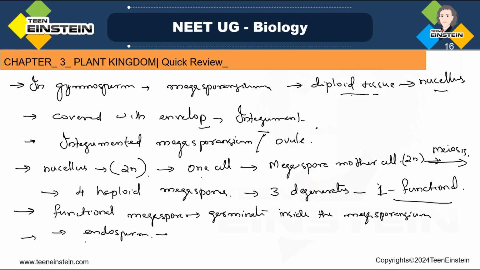Then here the pollen grains are released from the microsporangium and carried in the air currents, through wind, and they come in contact with the opening of the ovules on the megasporophyll. So it is reaching the megasporophyll with the help of air, wind pollination taking place.